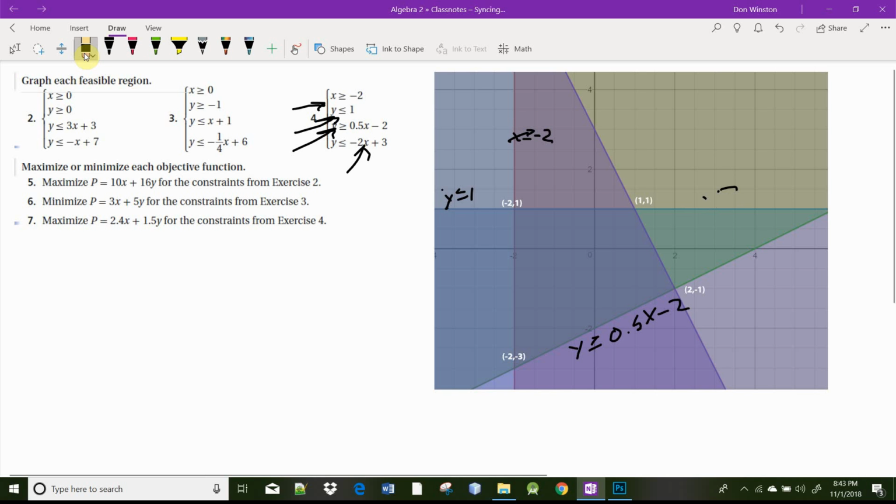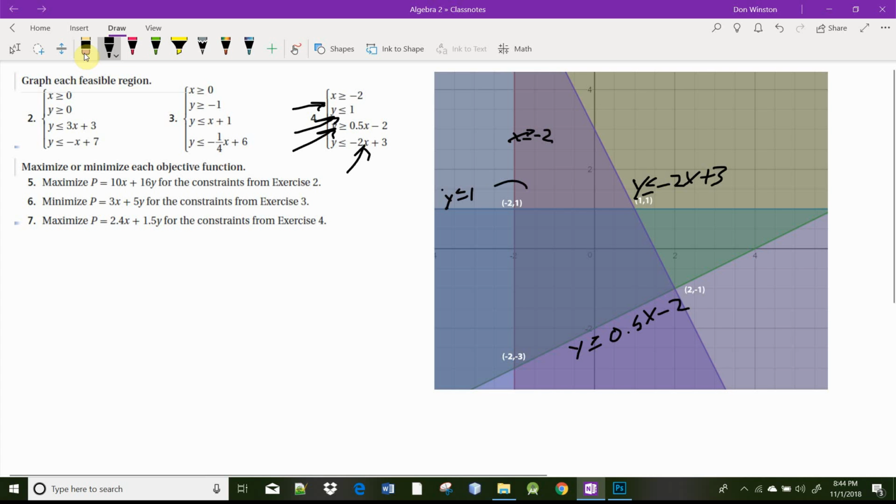Let me write this one again, because we're going to need that. So this was the inequality y is less than or equal to minus 2x plus 3. Okay, I do have all my equations. So this is y is less than or equal to 1, x is greater than or equal to negative 2.